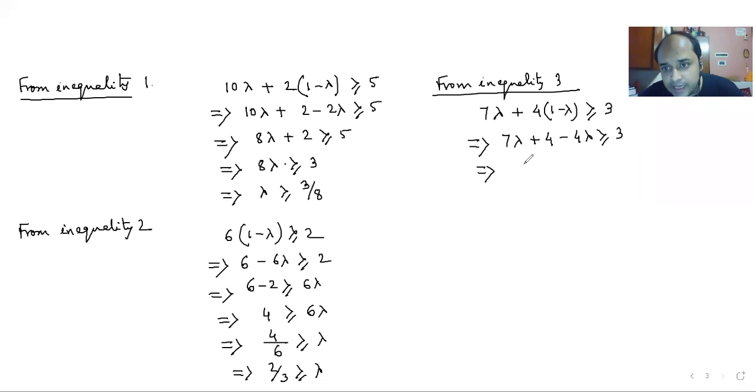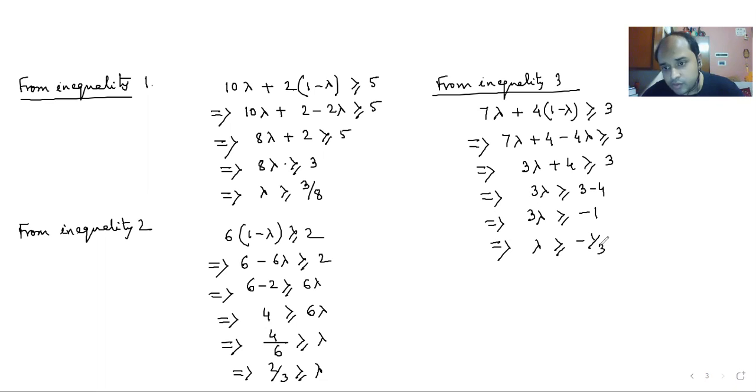This implies 3 lambda plus 4 greater than or equal to 3, and that is 3 lambda greater than or equal to 3 minus 4, that is 3 lambda greater than or equal to minus 1, and that is lambda greater than or equal to minus 1/3. Now you see that 3 by 8 is a positive term, and minus 1/3 is a negative term, and obviously minus 1/3 is less than 3 by 8.